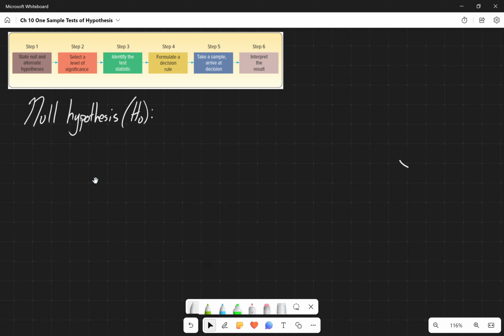Okay. Null hypothesis is really the initial baseline statement. The null hypothesis we can always identify because it's going to include an equal sign.